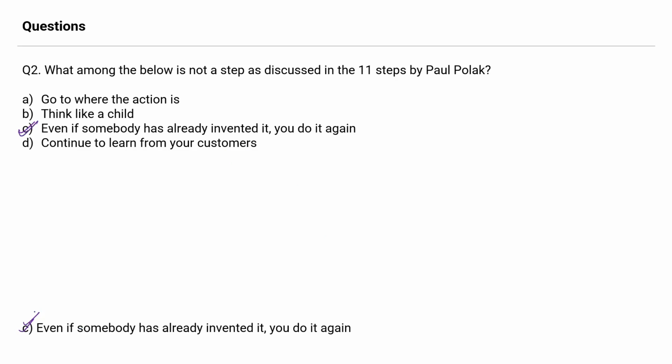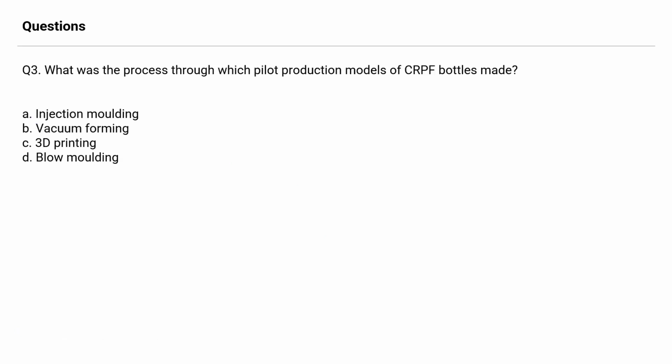Let's come to our question number 3. What was the process through which pilot production models of CRPF bottles were made? Pilot production. The options are injection molding, vacuum forming, 3D printing, and blow molding.